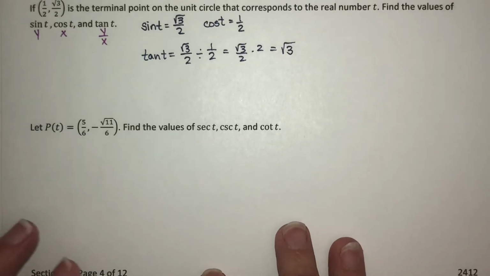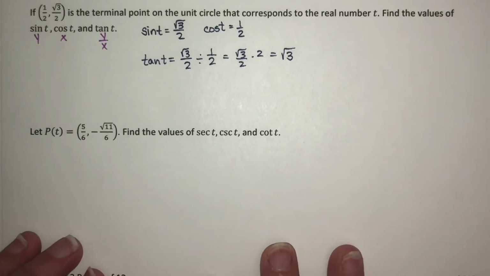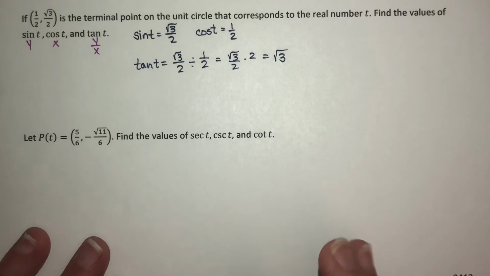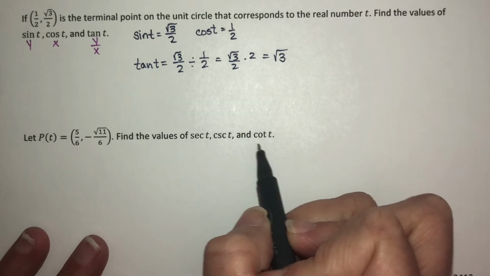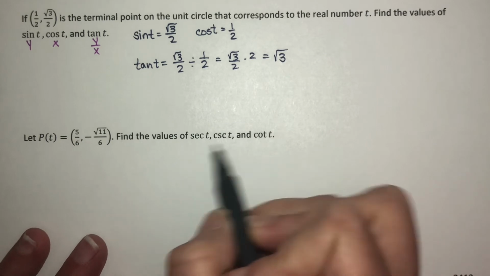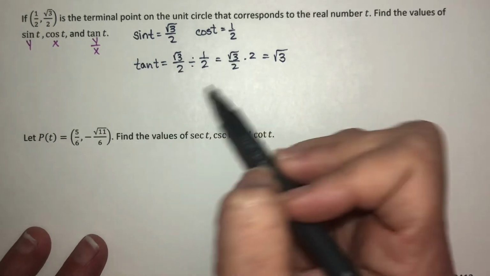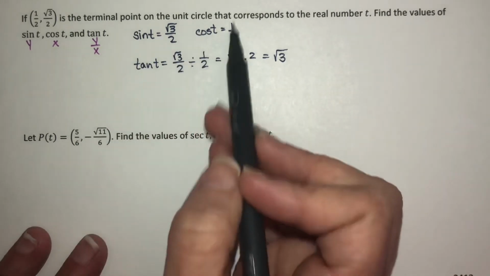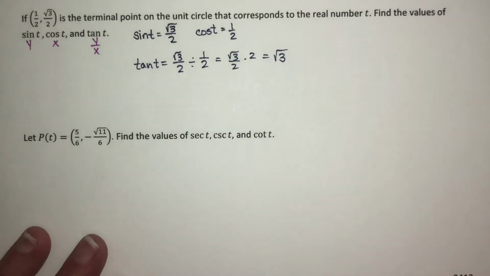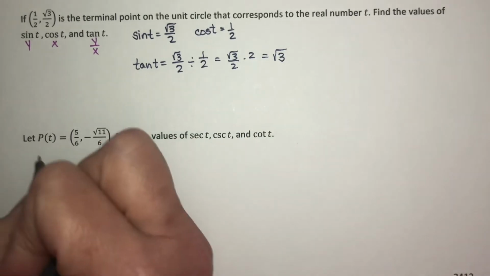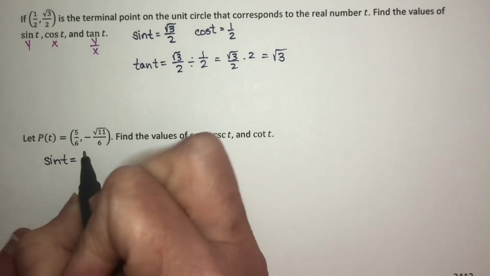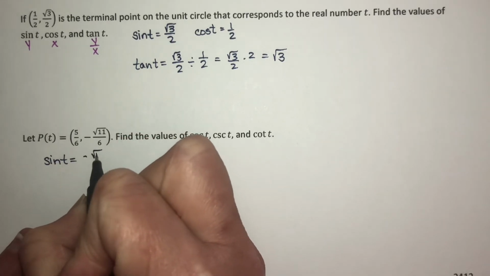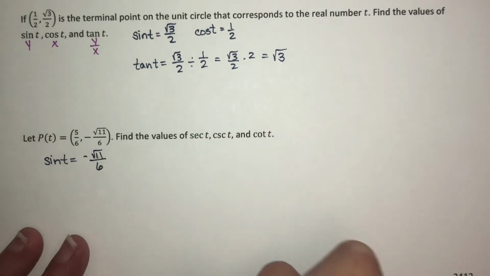All right, now we're going to do the same type of problem, except we are asked to find secant, cosecant, and cotangent. Since these are reciprocals of our three major ones, I'm going to find these first, and then we'll take the reciprocal. So sine of t is our y-coordinate, so that is negative square root of 11 over 6.